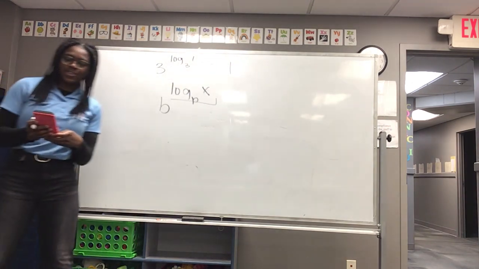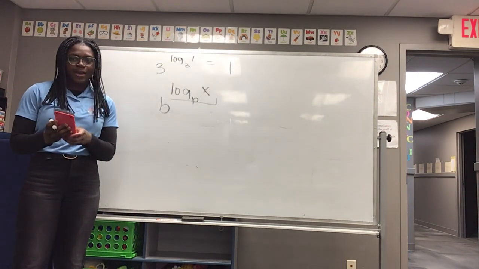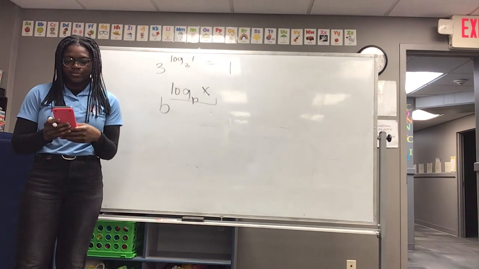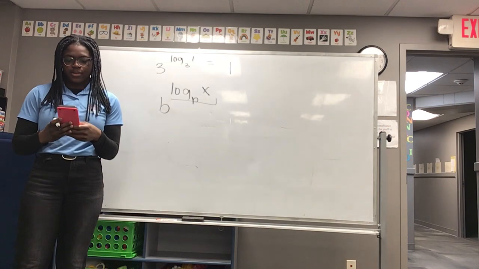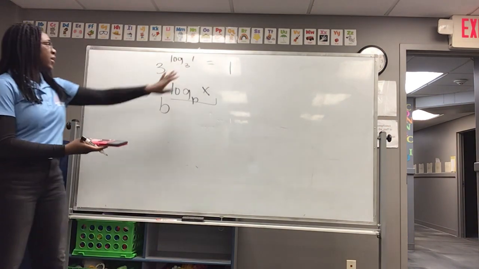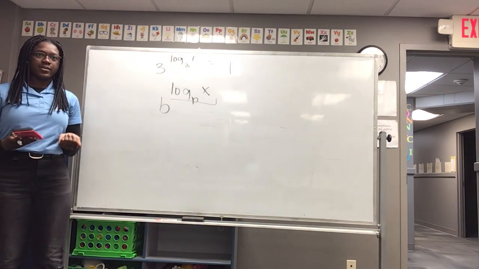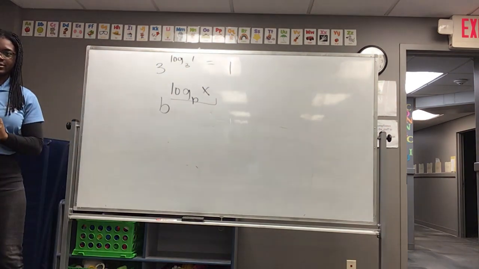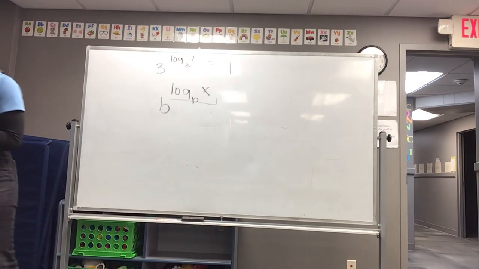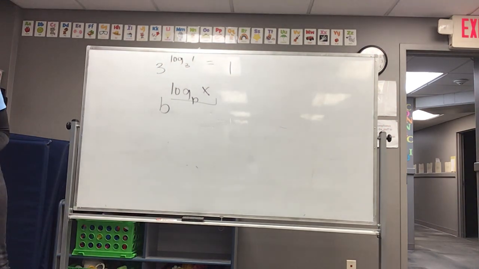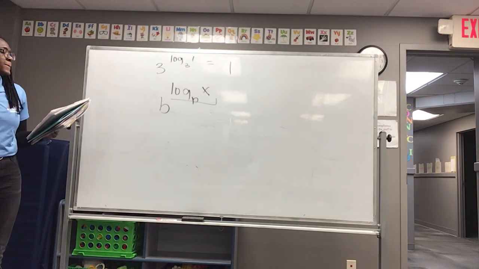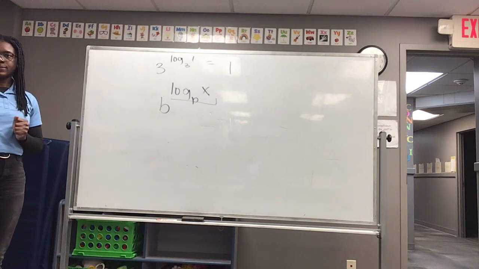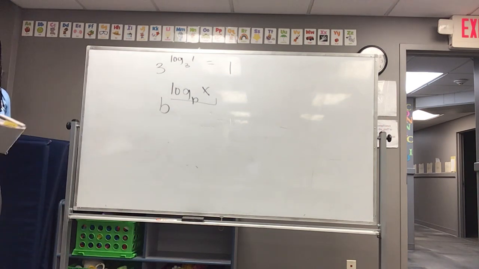If you want to type that into your calculator, 3 to the power of log base 3 and then a 1, that should equal 1. Okay, do you guys see that? Sorry about the mistake.